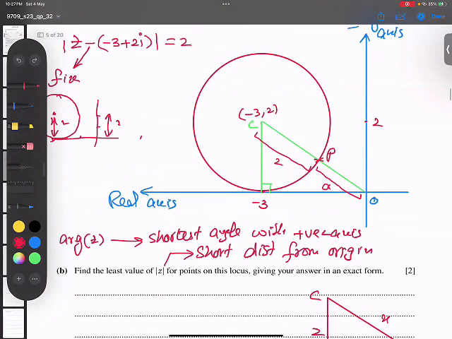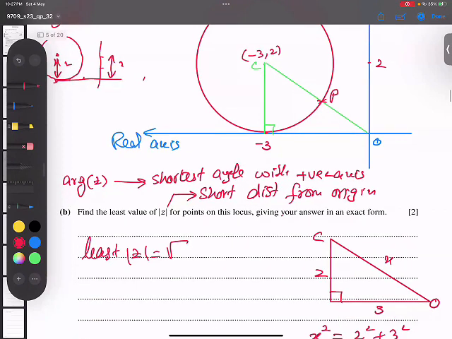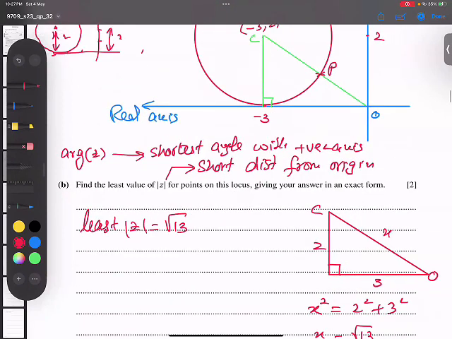I think the idea is very clear. So the least modulus of z equals root 13 minus 2. He asked for the exact answer, so if you leave it here, it is exact form. This is our final answer. I believe this point is clear, and let's go for the next question.